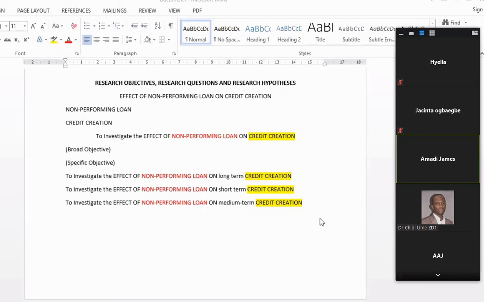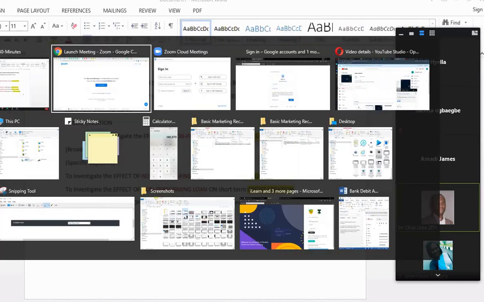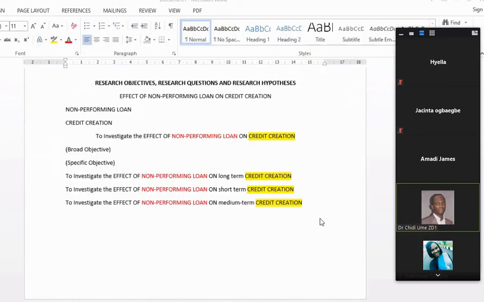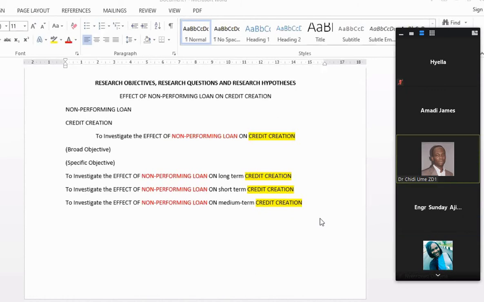Does it make sense? They are important because the sum of the achieved specific objectives will be equal to the broad objective.